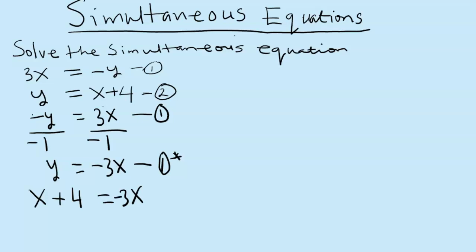We're going to take this variable x to its component here, which is negative 3x. We want to make this side 0, so we subtract x. Whatever we do here, we do the same thing here. So x minus x becomes 0, leaving us with 4.